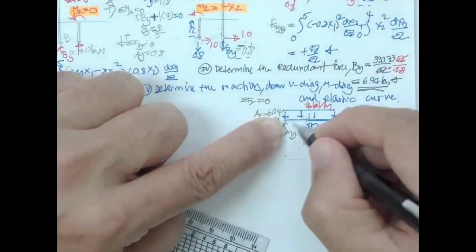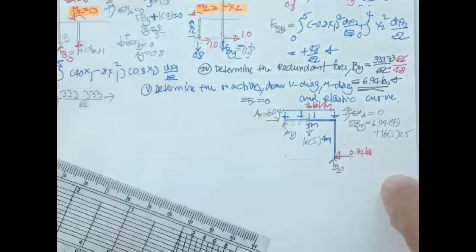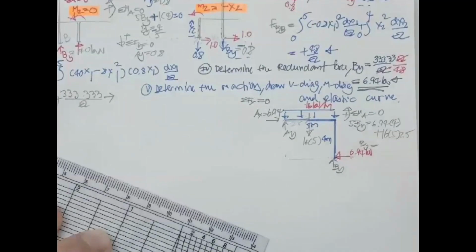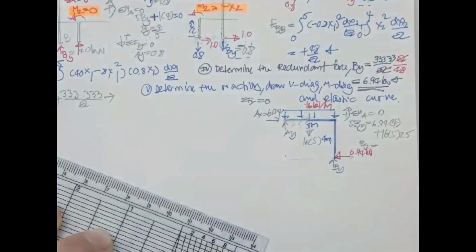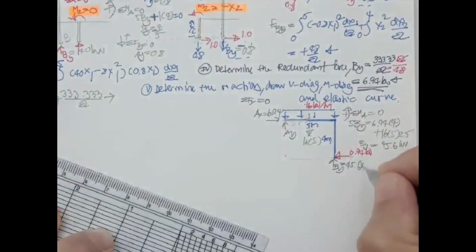Over here gonna be 2.5. And then you got to get B sub y, I get it to be 45.6 kilonewton.